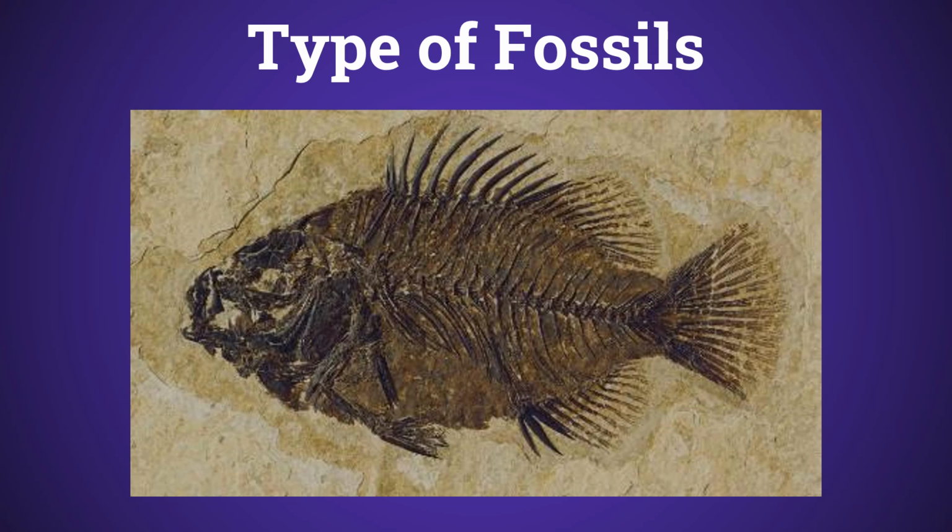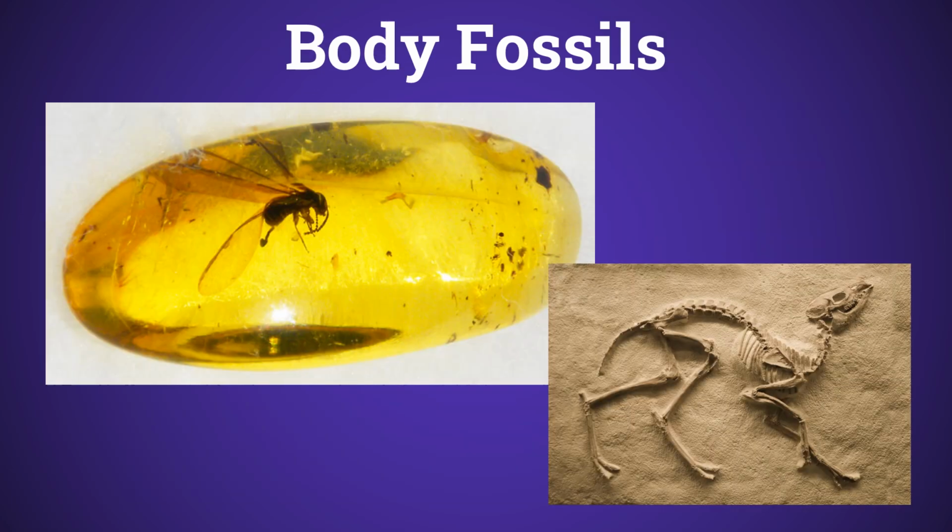There are many types of fossils. First type is called a body fossil. This type of fossil is made of part of the body or the whole body.